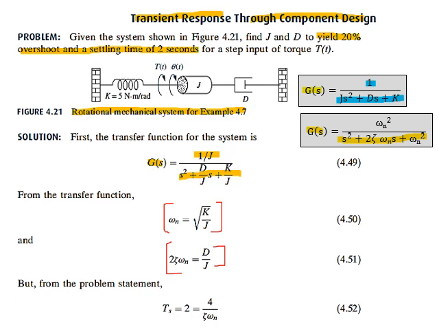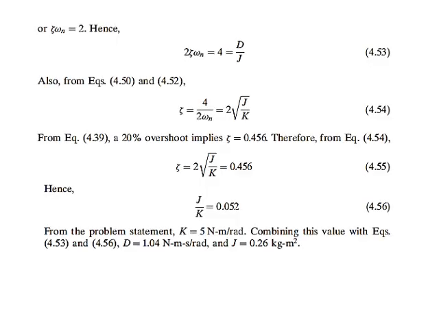Our design problem requires that the system must have 20% overshoot and settling time of 2 seconds for an input step torque. Settling time is equal to 2 seconds and its relation is 4 over zeta omega n. So zeta omega n equals 2 here. Dear students, from the last slide we know that the required settling time is 2 seconds.